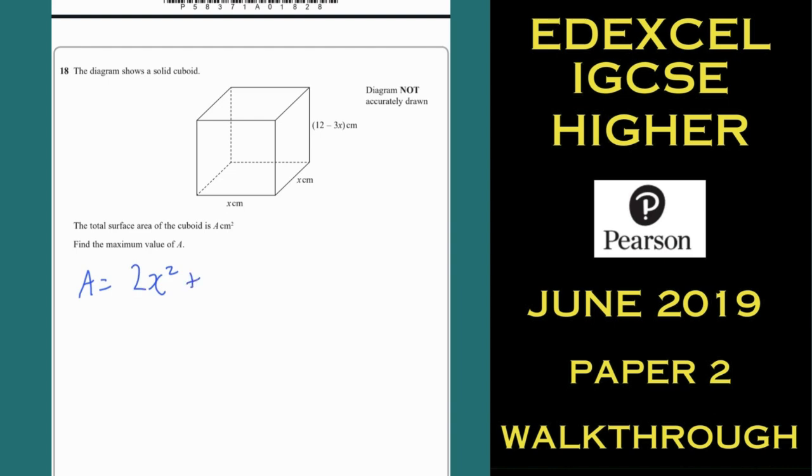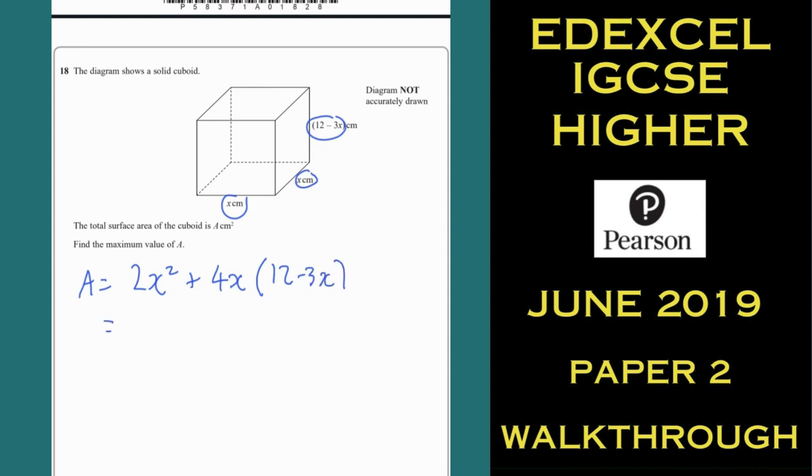Now when it comes to the sides, the right-hand side will be x times that, as will the left. So it sounds like you can double it, but when you look at the front, it would be x times that as well. So in other words, there aren't two pairs, the sides are all four of the same. So you're going to have 4 lots of x times 12 minus 3x.